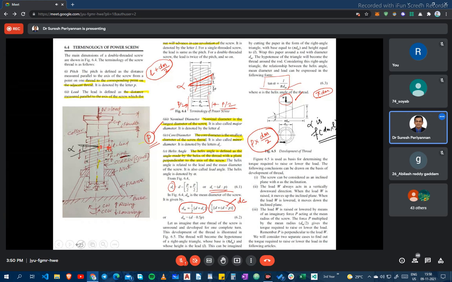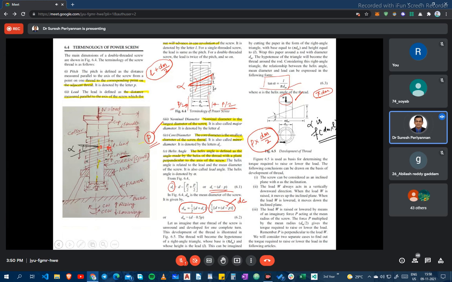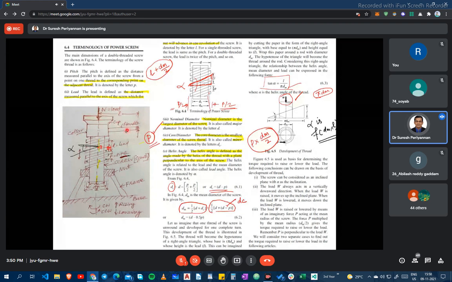Now I come to this. This is our design. This is the load acting here. This is the collar of the screw jack. This is the cup where the load is sitting. This is the handle where we apply the force to raise or lower the load W. This is the lead, the screw movement.